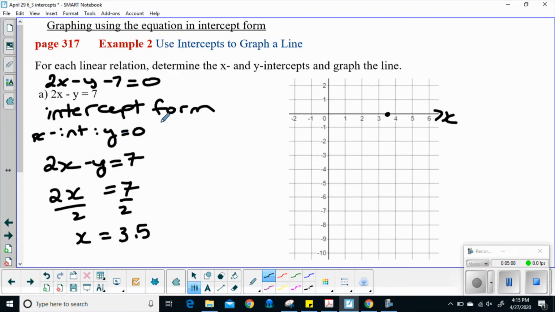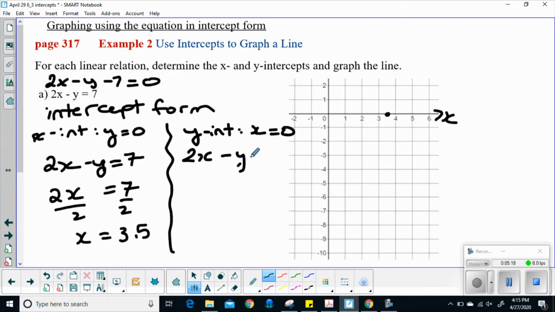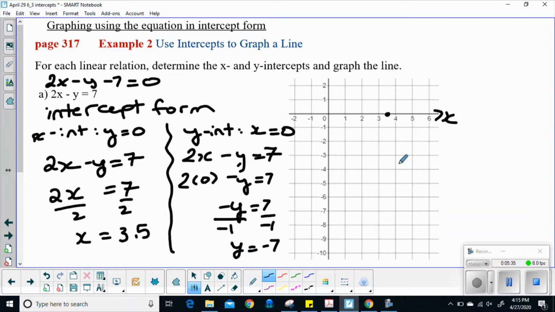To figure out my y-intercept, remember that's when x is equal to 0. So start with your equation again: -y = 7. When x is equal to 0, it's gone, so we're left with negative y equals 7. Divide both sides by negative 1 to get rid of that negative, and you're left with y is negative 7. So let's draw a nice little dot at negative 7.